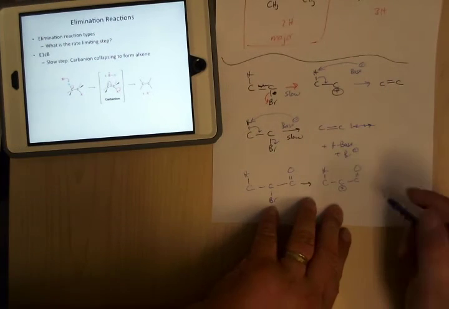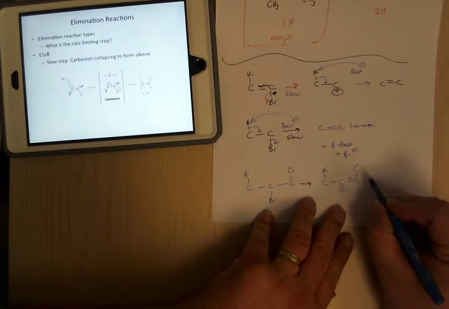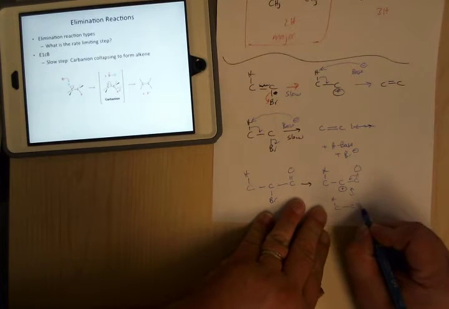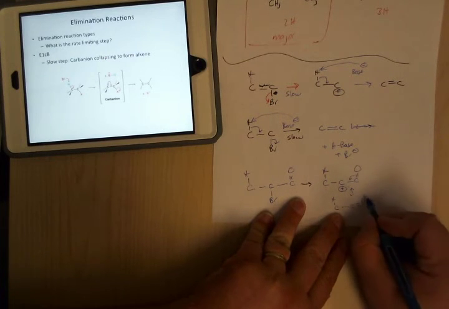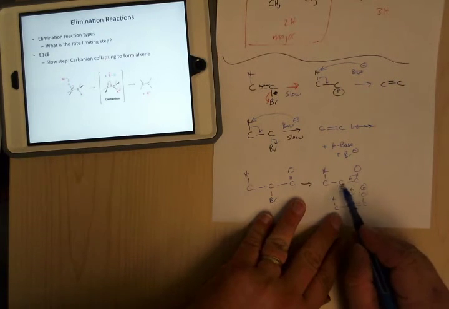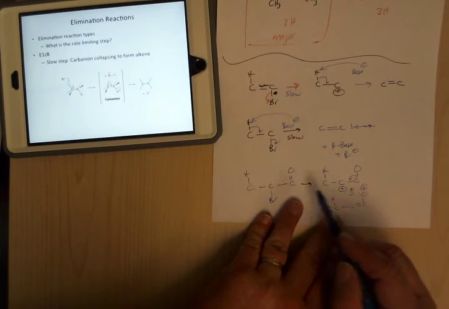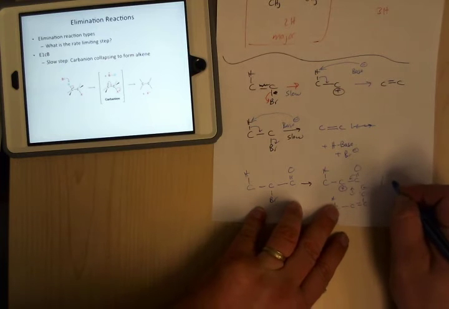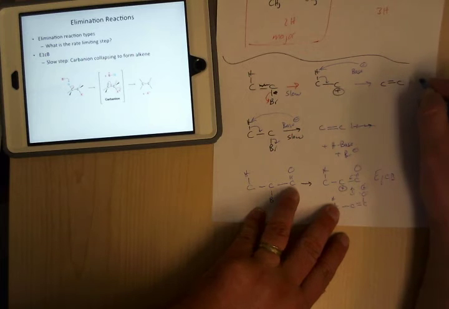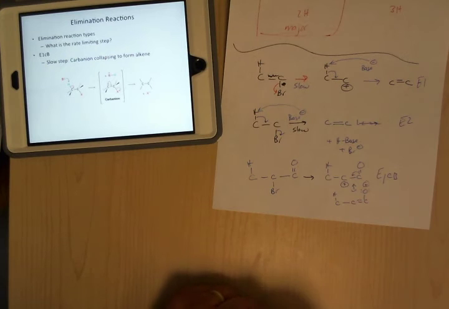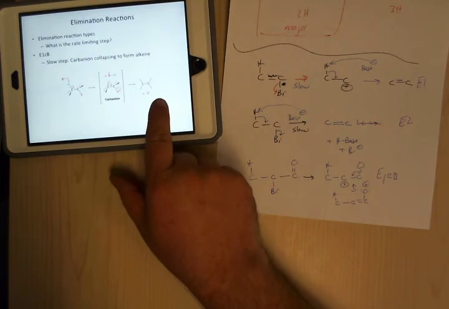But notice that we can get a resonance structure like that, and because there's a C double bond O right next to where the leaving group is, you get this extra one. So this is an E1CB reaction. So this is an E1, this is an E2, this is an E1CB reaction. It's kind of an odd duck.